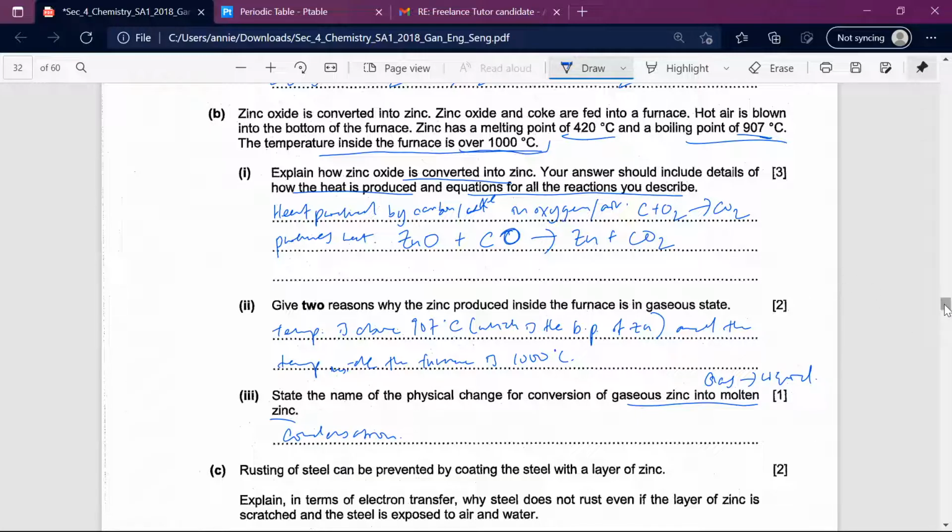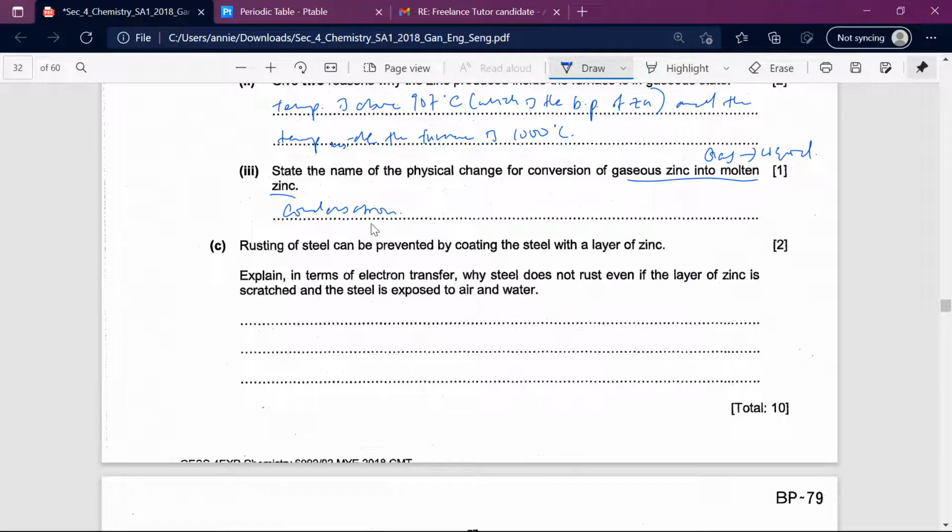Okay, so now you can see rusting of steel can be prevented by coating the steel with a layer of zinc. Explain in terms of electron transfer why the steel does not rust even if the layer of zinc is scratched and the steel is exposed to air and water. So basically, why we coat it with the layer of zinc, and hence it prevents the rusting of the steel.